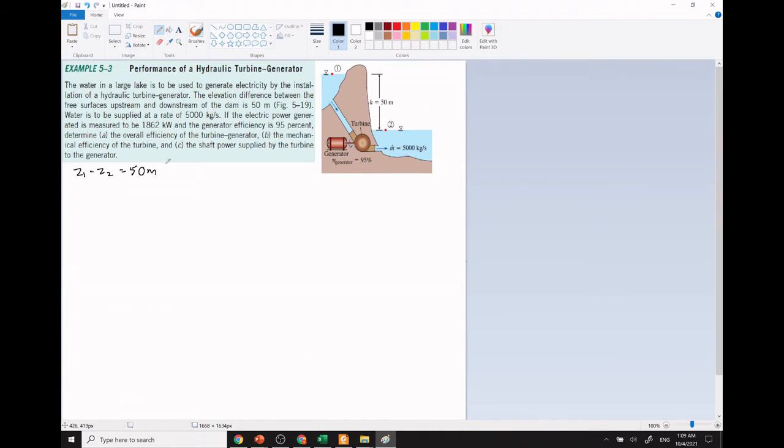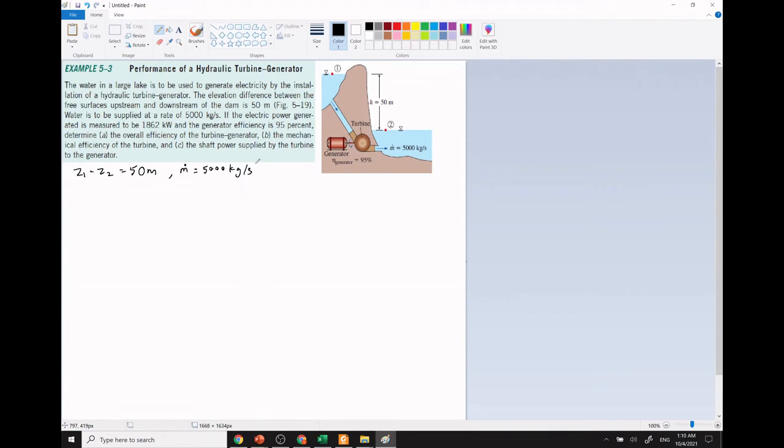Okay, alright, and then the water is to be supplied at a rate of 5,000 kilogram per second. So the mass rate is 5,000 kilogram per second.